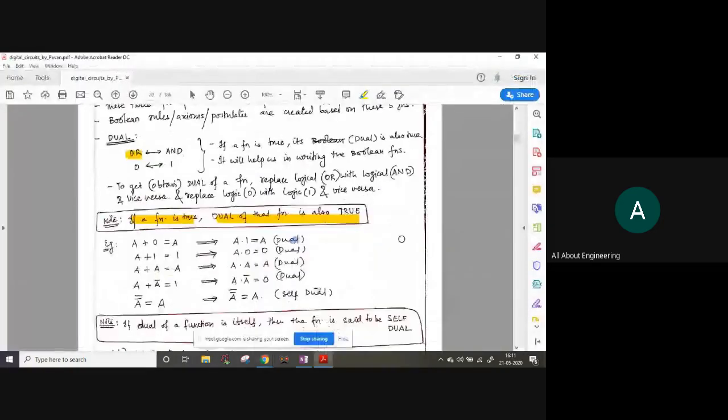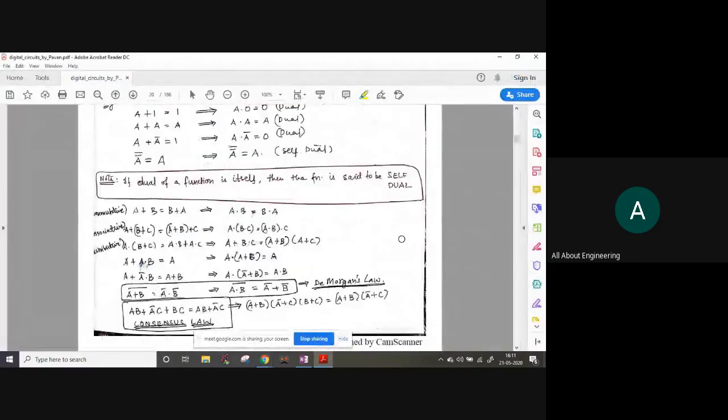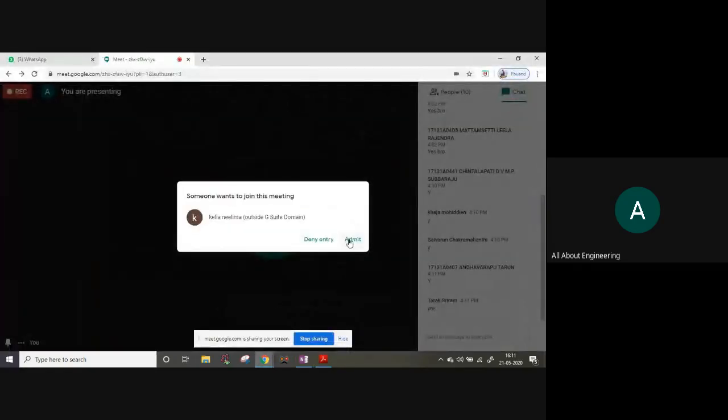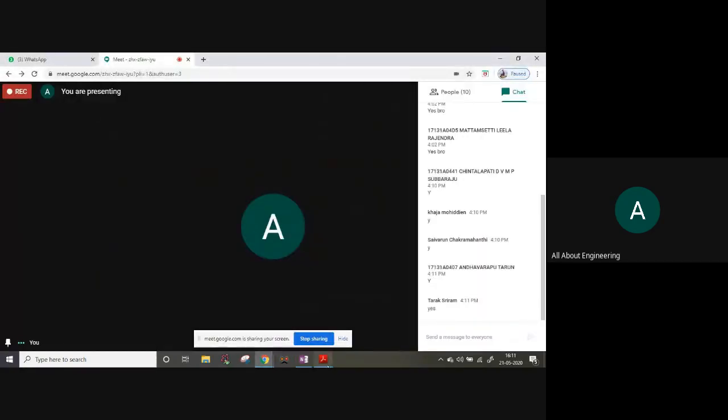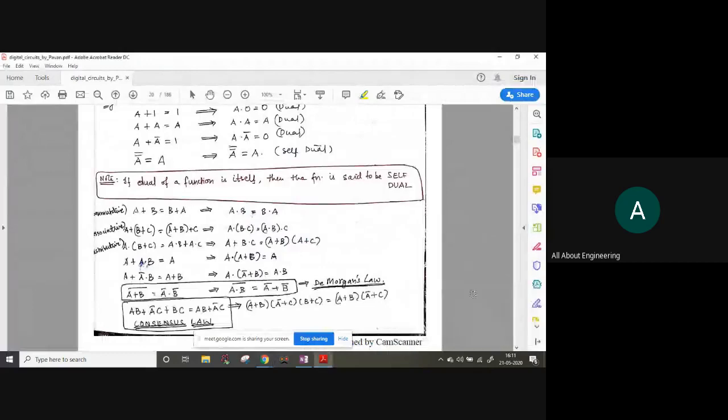Next, there are some rules like commutative property, associative property, distributive property, which by looking at them itself you can understand.